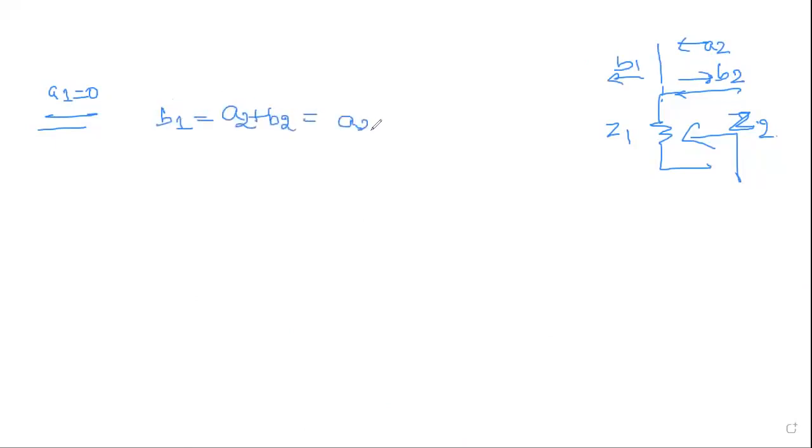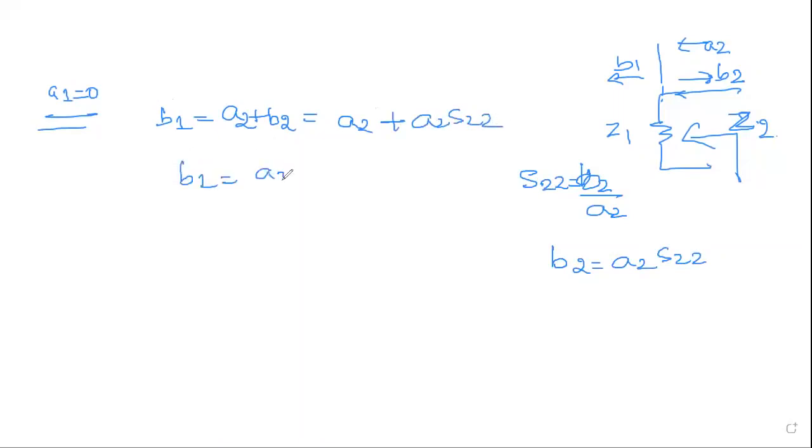Instead of B2, I should write it as S22, which is B2 by A2, where B2 is equal to A2 into S22. So instead of B2, I'll write it as A2 into S22. Take out A2 outside. So you will have 1 plus S22, B1 by A2, which is equal to 1 plus S22. This can be written as S12.